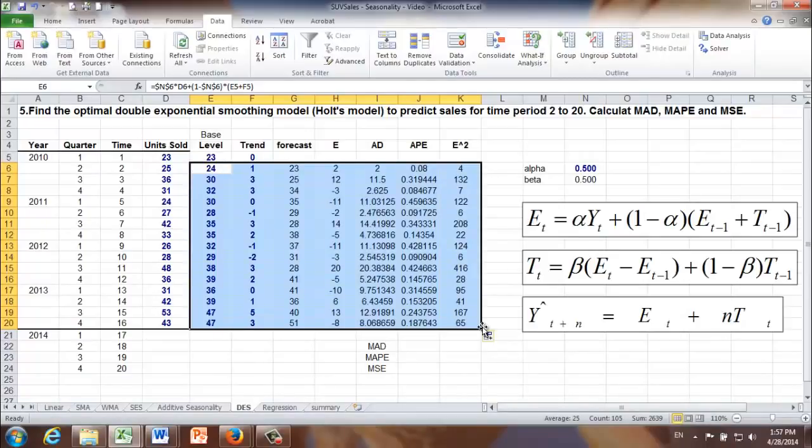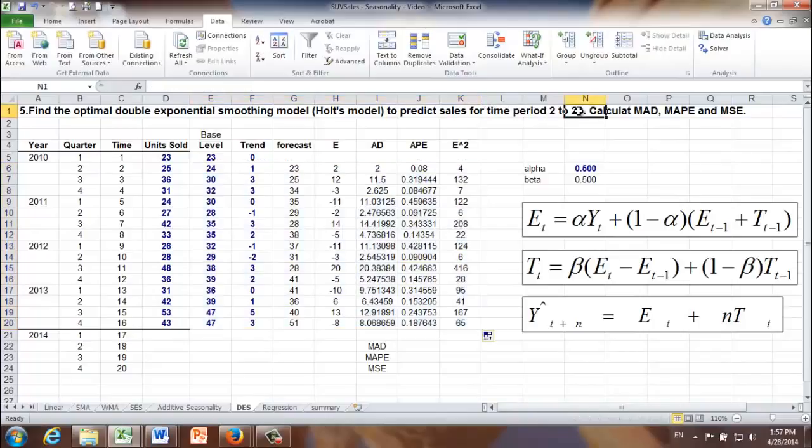Alright, but we're not done yet. You see over here, once again, we would like to predict sales for time period 2 all the way to time period 20. We have the information up to time period 16 at this point. What about the forecast for time period 17? Y17 hat will be equal to what?